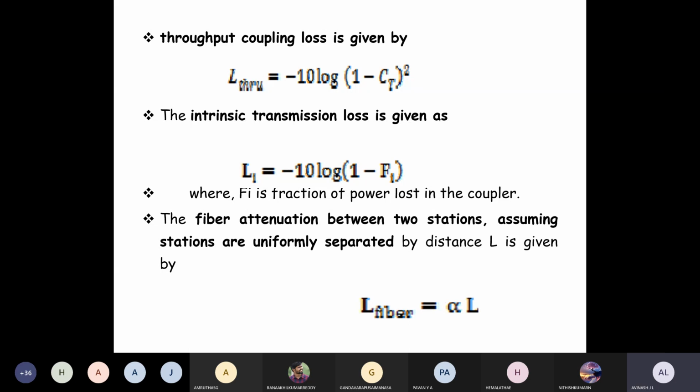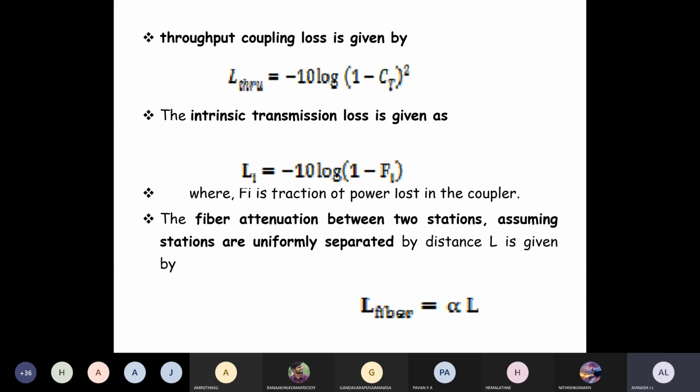Now intrinsic transmission loss, Li, is given by Li equal to minus 10 log of 1 minus Fi. I just read it out because that particular equation is not clearly visible.